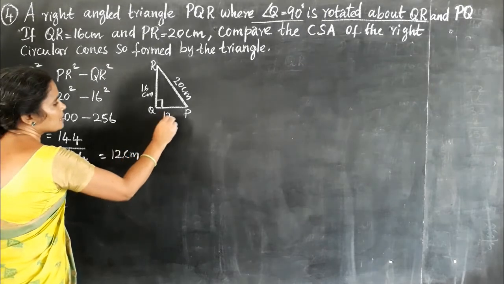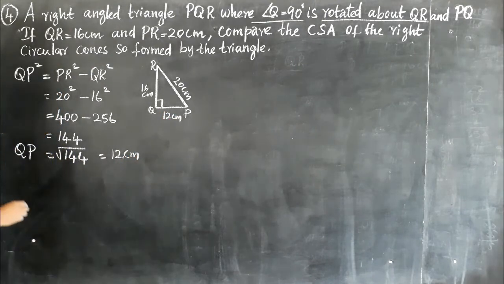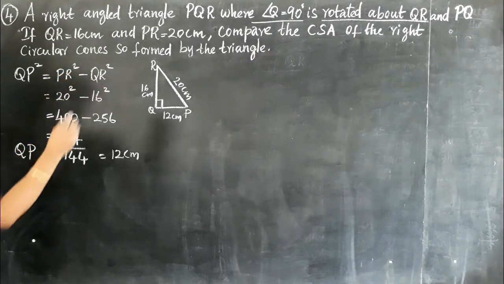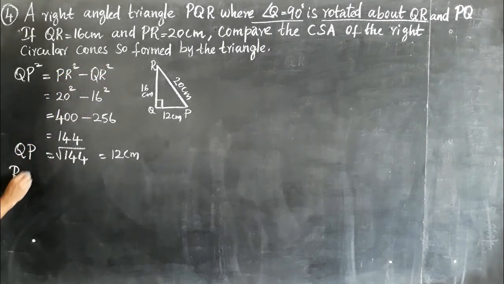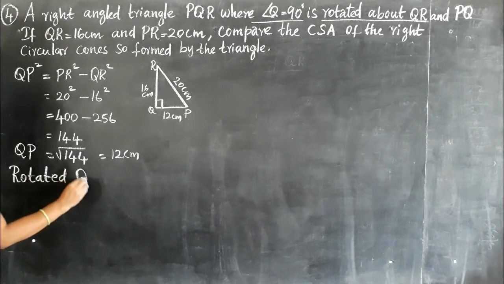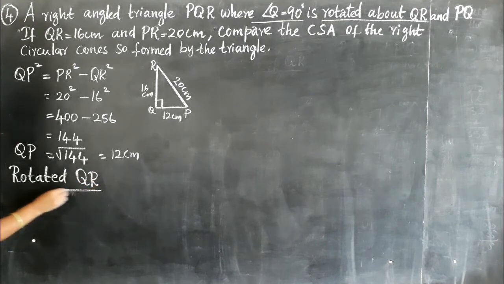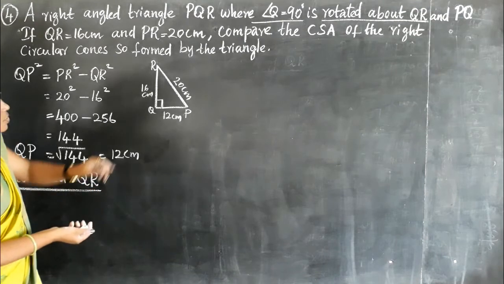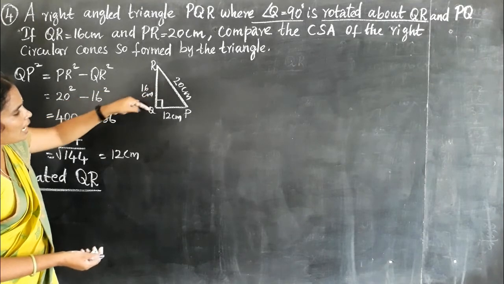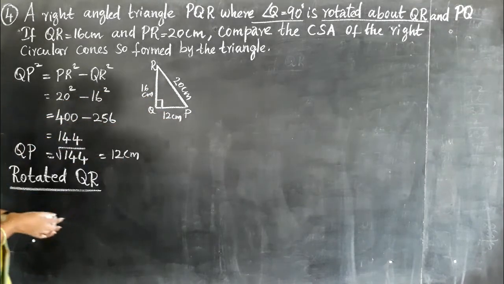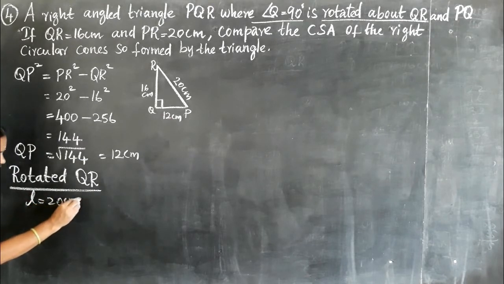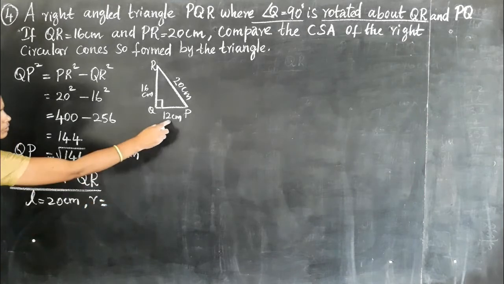Now here QP is equal to 12 centimeter, and in the question it is asked to rotate about QR. So when it is rotated about QR, taking PR as slant length and QP as radius, L is equal to 20 centimeter and R is equal to 12 centimeter.